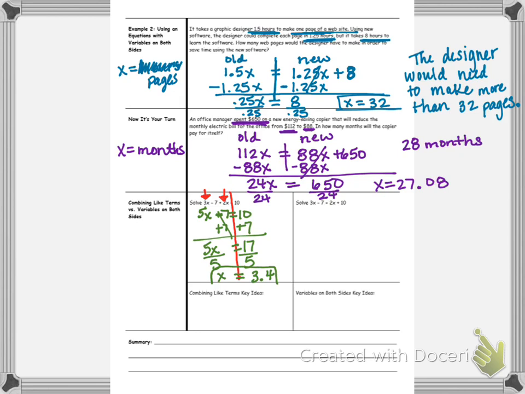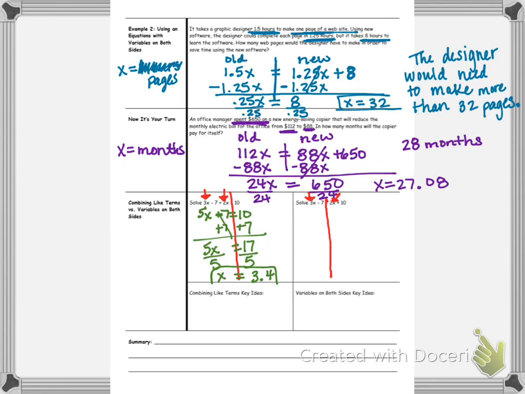Now, here's the difference. When you have the variables on two sides of the equal sign, so we have 3x over here, and then we have 2x over here, I have to move them.